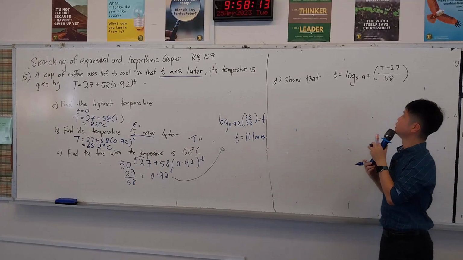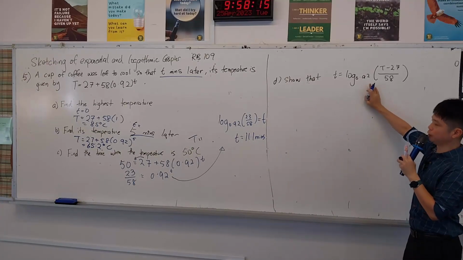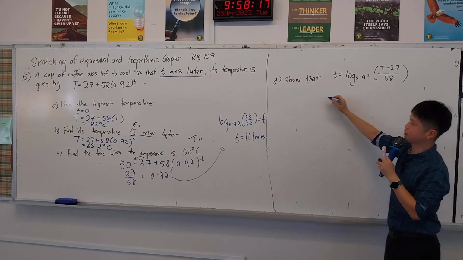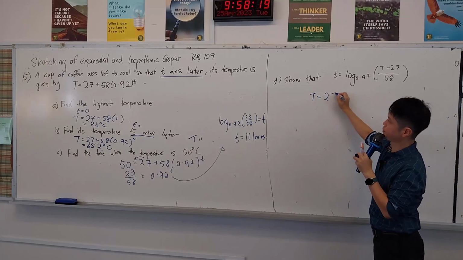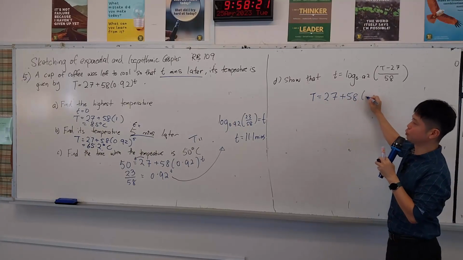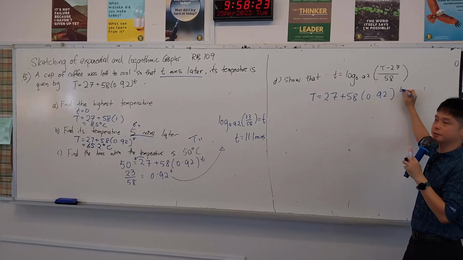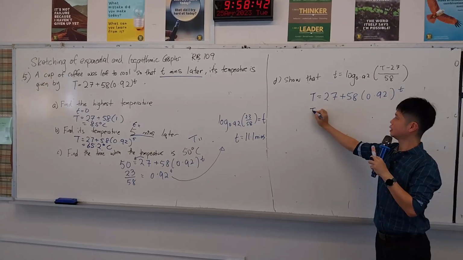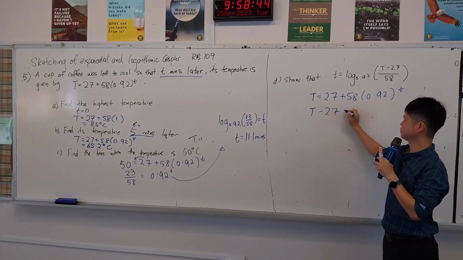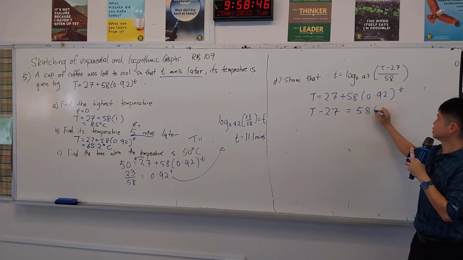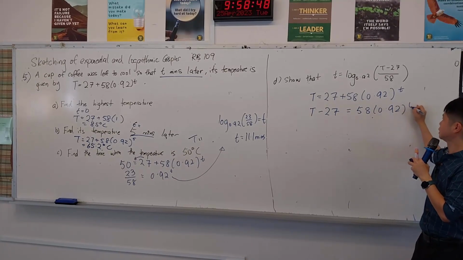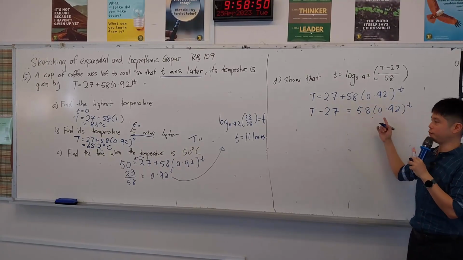Okay, the last part. Show that t equals to this, which means I want to make t the subject. So starting with here. Okay, let's go through this one last time. Follow the steps. First step. Then I divide both sides by 58.